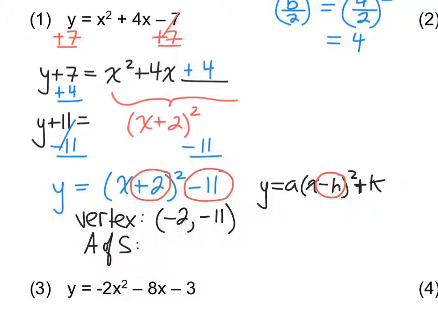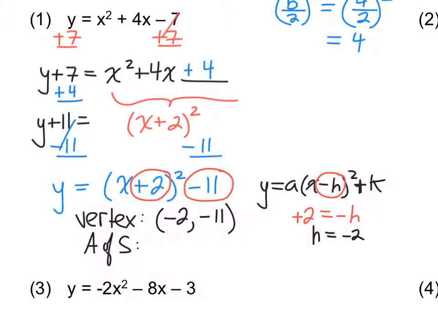If you're ever nervous about this, take those two parts, the positive 2 and the negative h, set them equal to each other and solve for h. h would be equal to negative 2. You do the same thing for the k, except it's a little easier to see. If I want to make k into a negative 11, what do I do? Replace k with a negative 11. Would h always be a negative either?